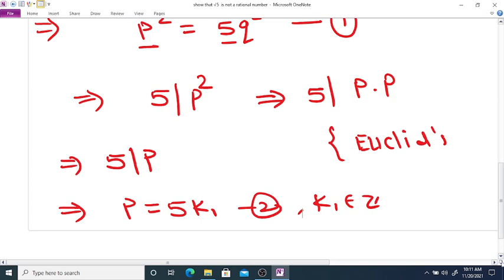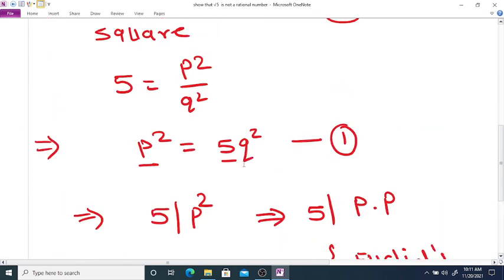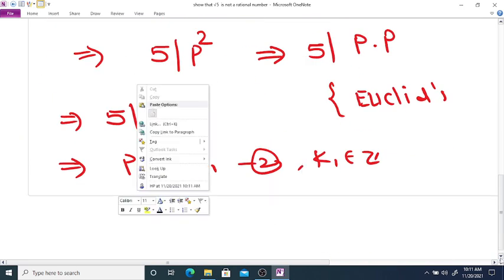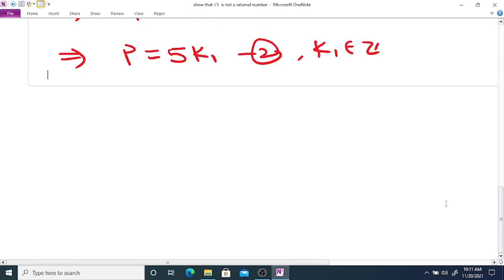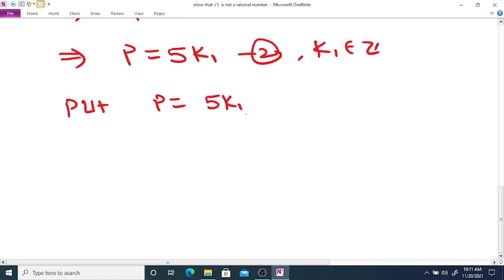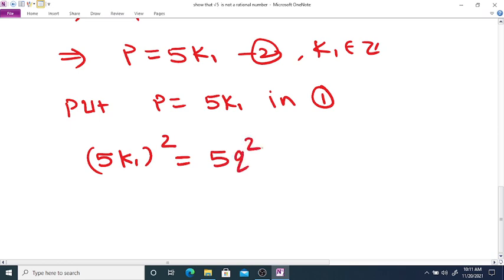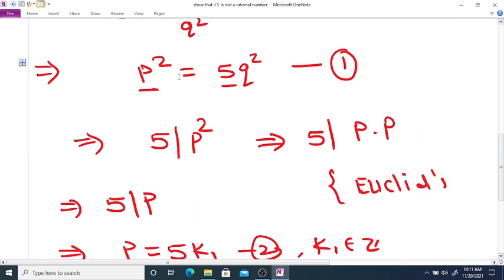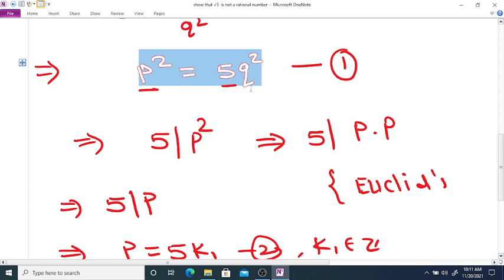Okay, now if we put p is equal to 5k1 in equation number 1, we get 5k1 square is equal to 5q square. What is equation number 1? p square is equal to 5q square.